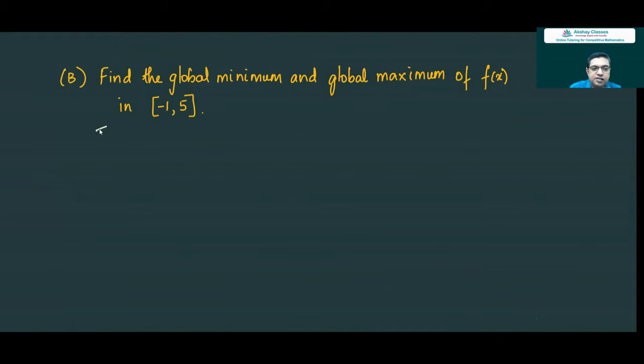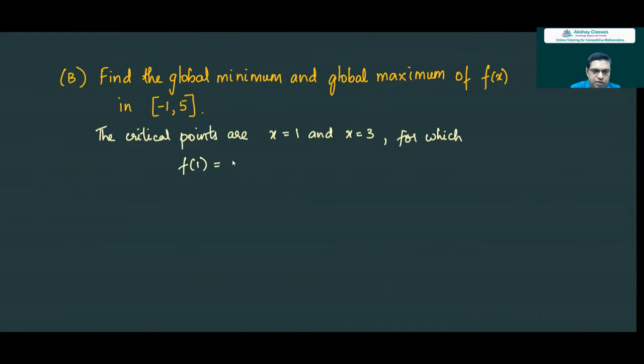The critical points are x equal to 1 and x equal to 3. Now, the function values are f of 1, f of 3.